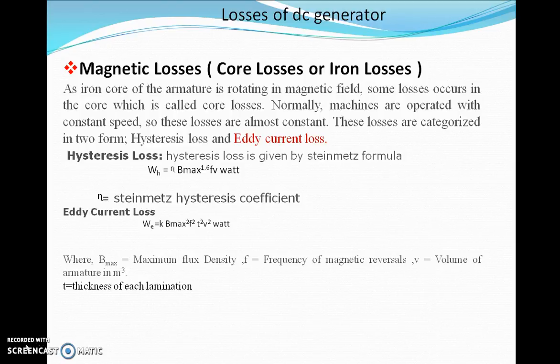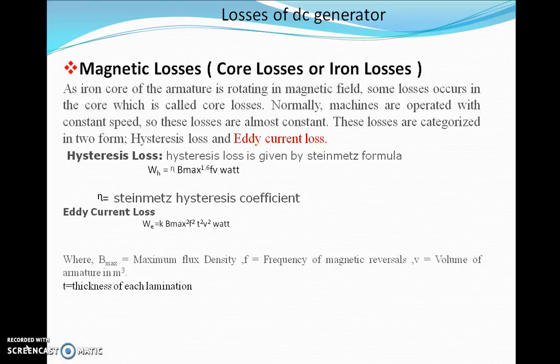This current is known as eddy current, and the power loss due to the flow of this current is called eddy current loss. The eddy current loss is given as K Bmax square F square T square V watts, where Bmax is the maximum flux density, F is the frequency, T is the thickness of the core, and V is the volume of the armature core.